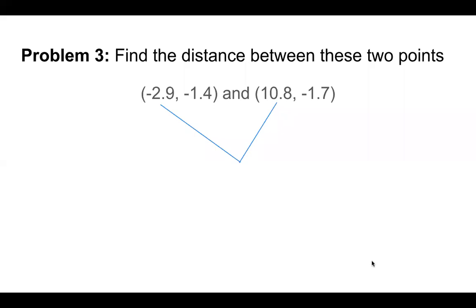One is negative, one is positive. We want to remember, whenever we have one of each, we add them up. 2.9 plus 10.8, which is going to equal 13.7.